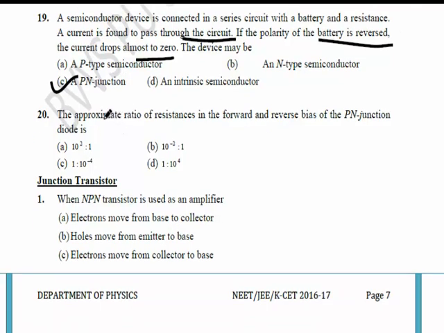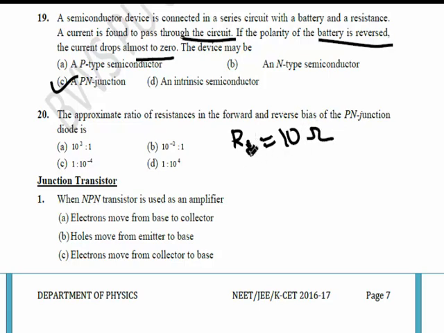20th question. The approximate ratio of resistance in forward and reverse bias of a PN junction diode is. Resistance in forward bias, RF, is nearly 10 ohm.